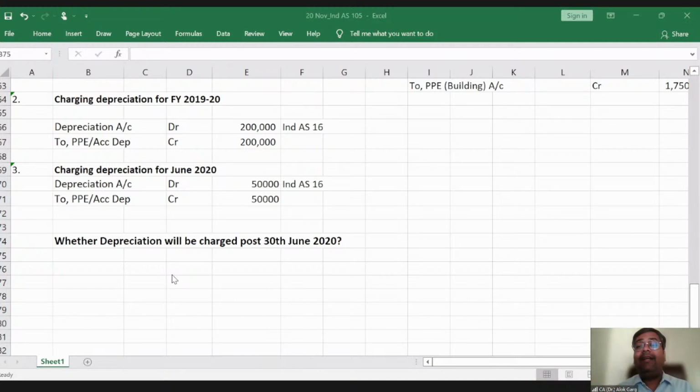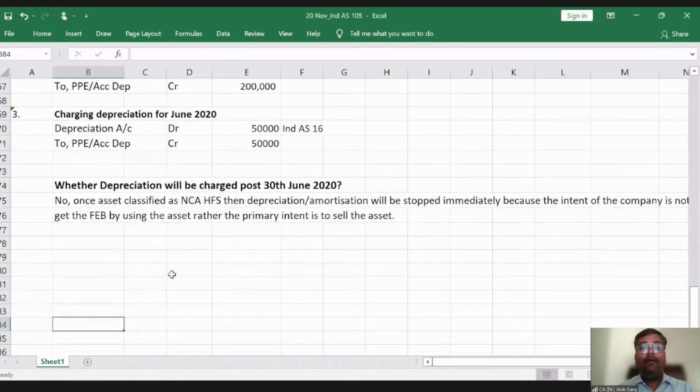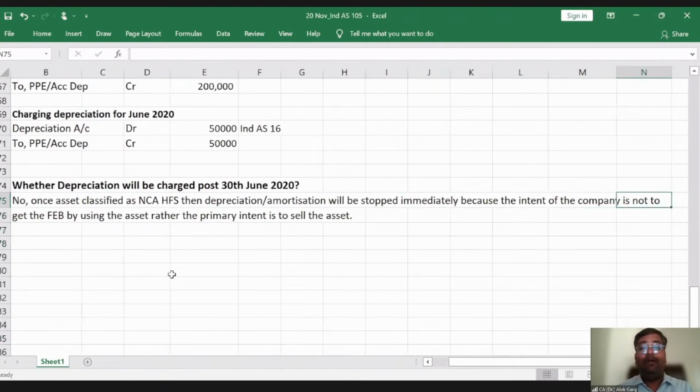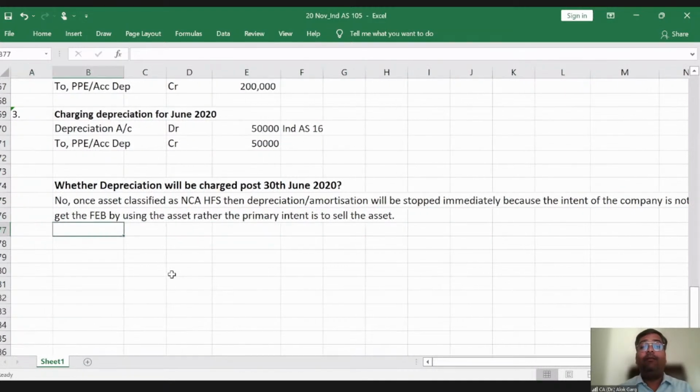Rather, the primary intent is to sell the asset, and that is why it has been transferred from non-current to current, as I have shown you in the balance sheet of Ultratech Cement. Clear? Is it clear?